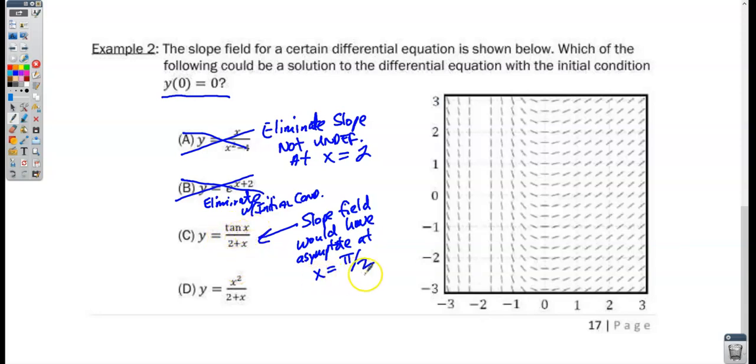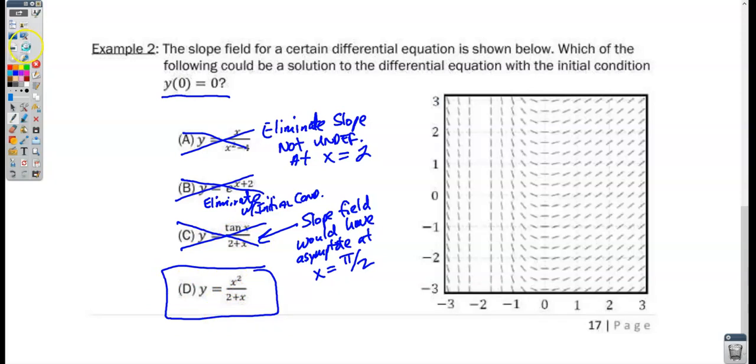And we look at pi over 2, which is about 1.5 and change, and we see no evidence of an undefined slope pattern there. So I'm going to eliminate this one, which leaves us with D as our answer choice.